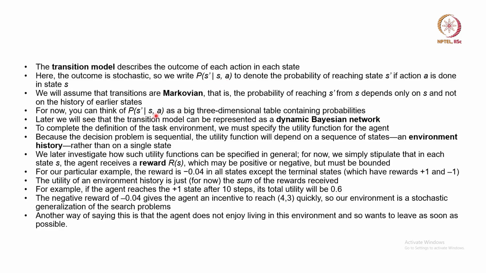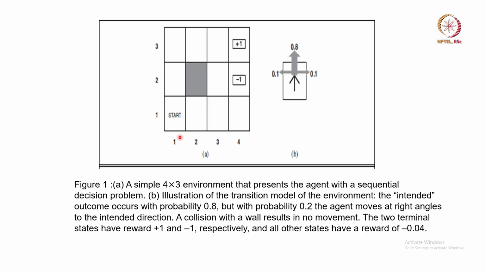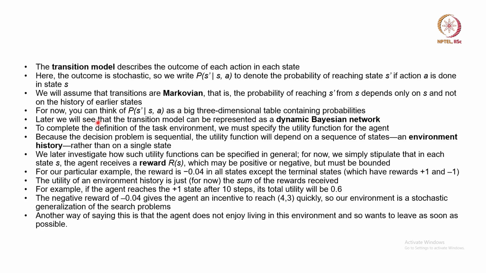So if you have these probability values in all these states, telling you what is the probability of moving from this state to that state with some action, and so on, you can look at the whole thing as a big 3-dimensional table which contains all the probabilities that we are now talking about.